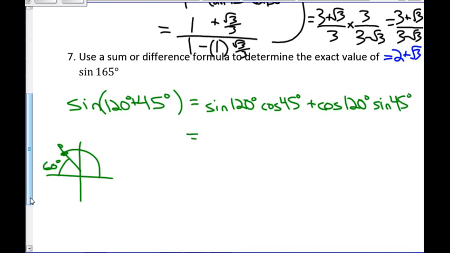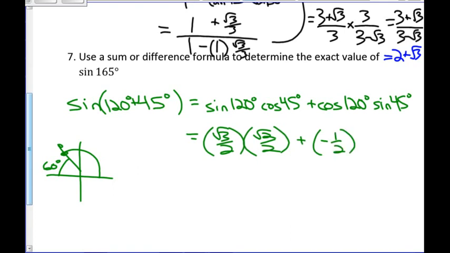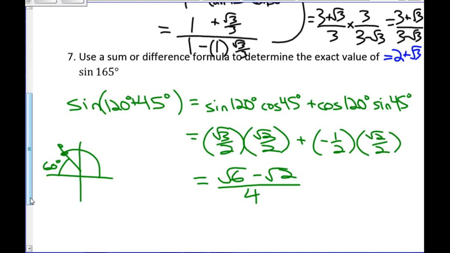Sine 120 is root 3 over 2. Cos 45 is root 2 over 2. Cos 120, that's negative a half. And sine 45 is root 2 over 2. So by the time we're done, we get root 6 minus root 2 all over 4.